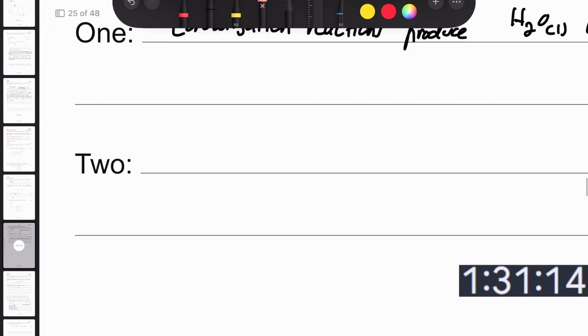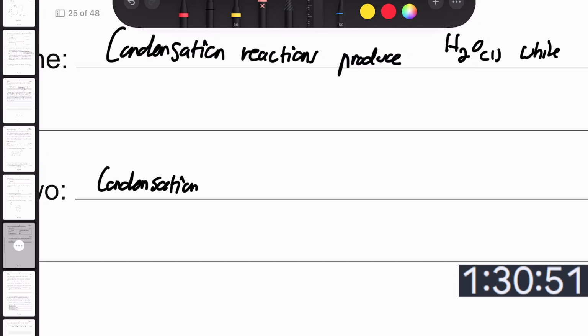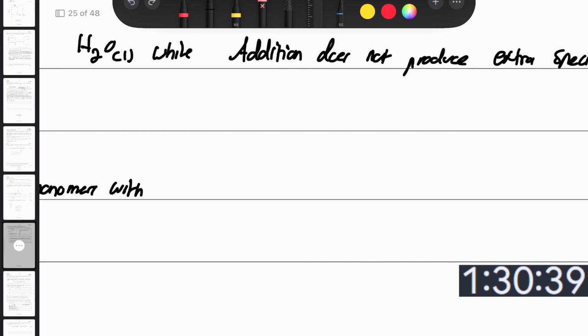And condensation requires forming a link between two, or requires two monomers. Well, addition, what is addition? So condensation requires two or more monomers with reactive functional groups.